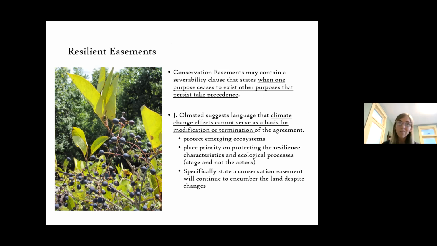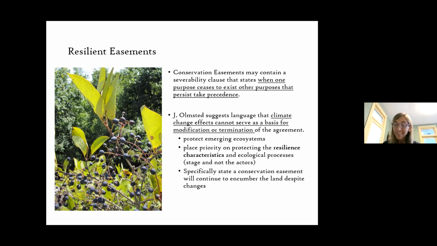And so if we have hung our hats in our conservation easements and are only citing habitats as the conservation values that the easement was designed to protect, and those habitats are not going to be sustained on that property because they're going to shift off of it, they're not necessarily likely to be there in the future.